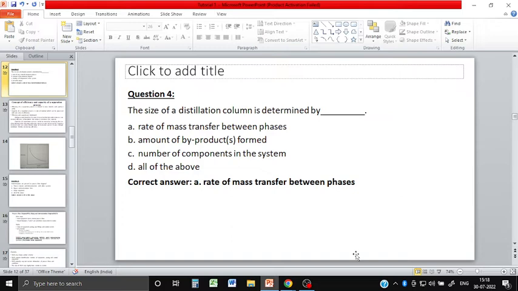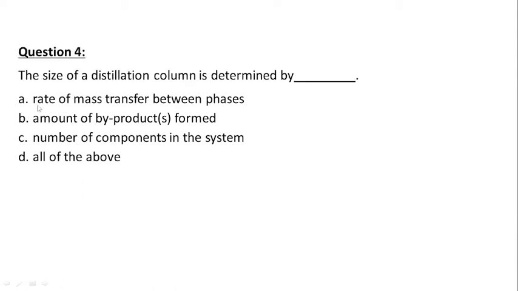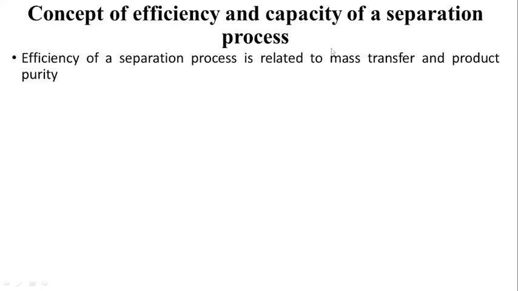Will you please explain that? The size of the distillation column is mainly affected because of the rate of mass transfer between the phases. It's coming in the coming slides. Concept of efficiency and capacity of a separation process.